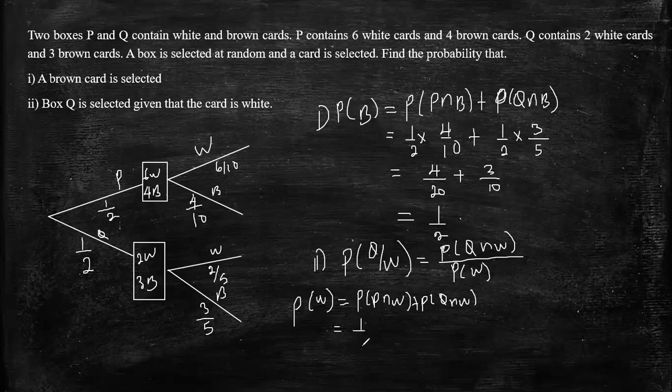So this is going to be a half times 6 out of 10, then plus a half times 2 out of 5.